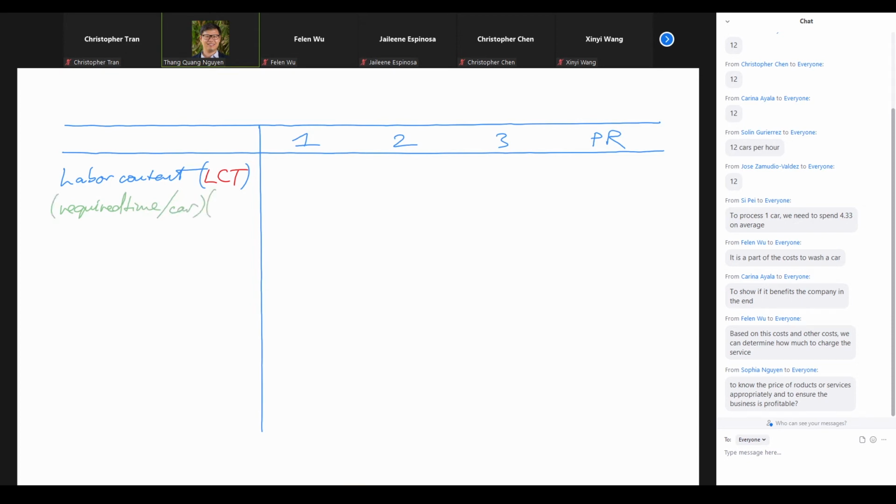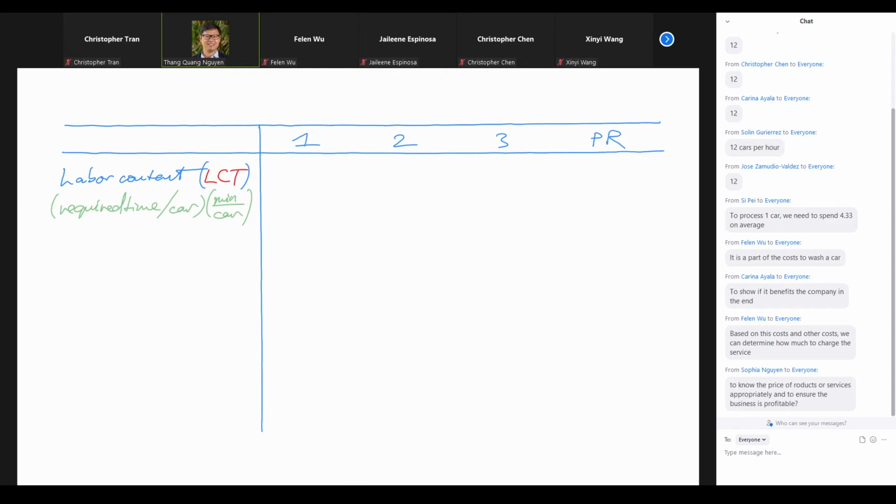And we measure this in terms of how many minutes per unit or per car in this case, right? And actually, this is the processing time that the question gives us. We don't have to calculate it. We just copy the information that we have earlier, and then we are done with this row.